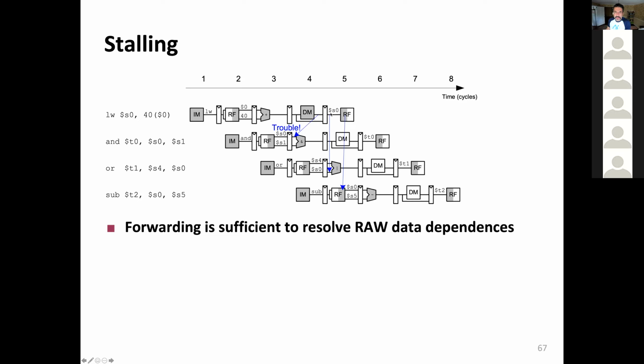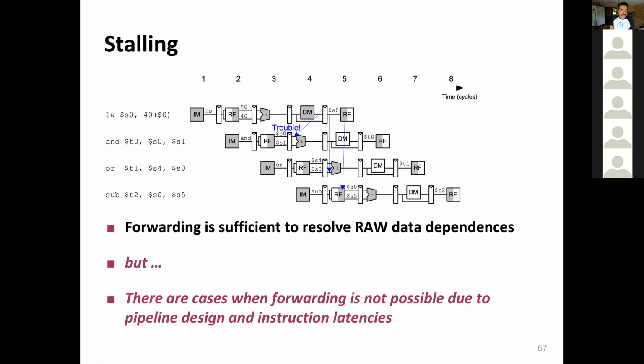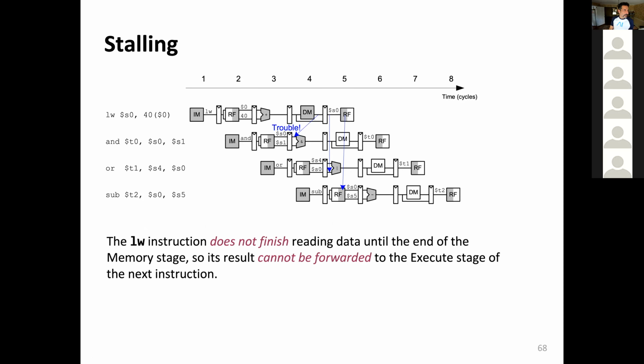So in this case, here it's good. This can happen without any stalling. The last one is also good to go. There wouldn't be any problem there. But some stalling technically needs to happen.